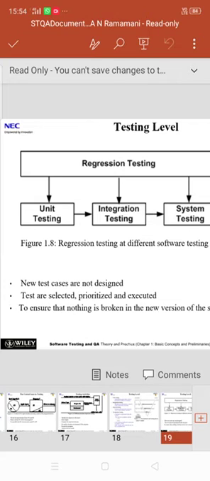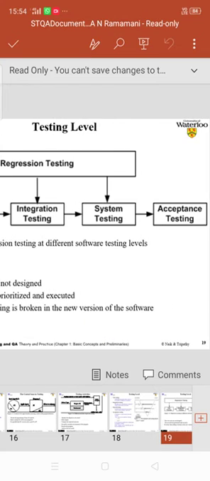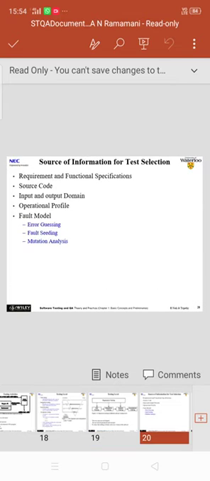Tests are selected, prioritized and executed to ensure that nothing is broken in the new version of the software. Sources of information for test selection: requirements and functional specifications, source code, input and output domain, operational profile, fault model, error guessing, fault seeding, mutation analysis.